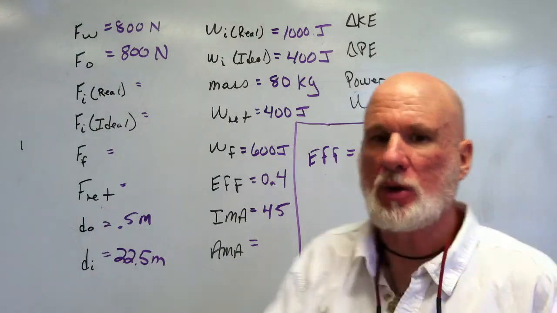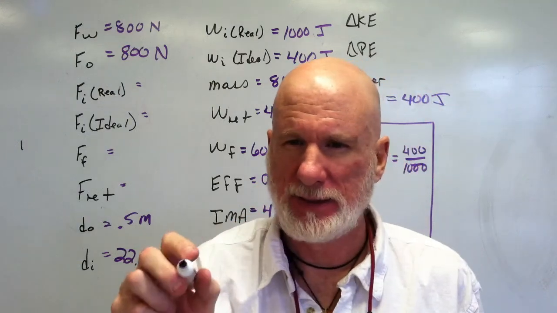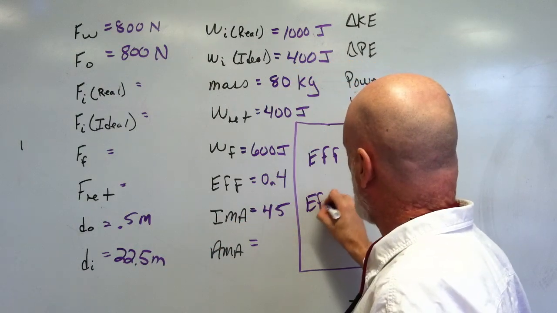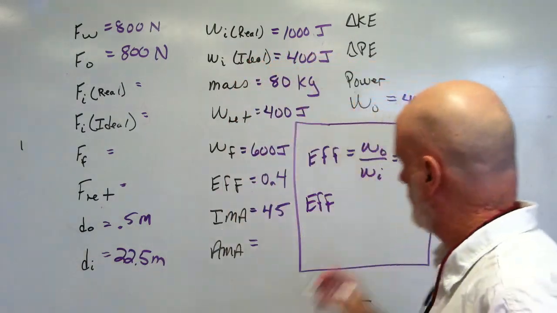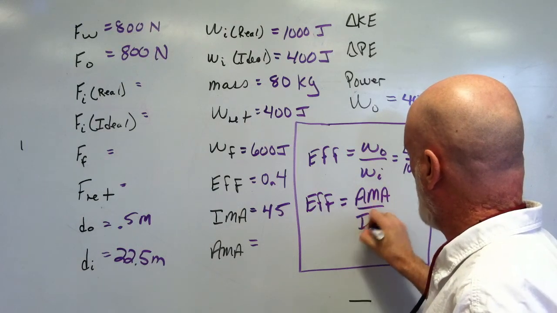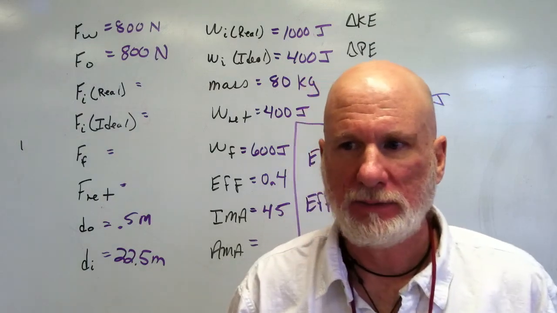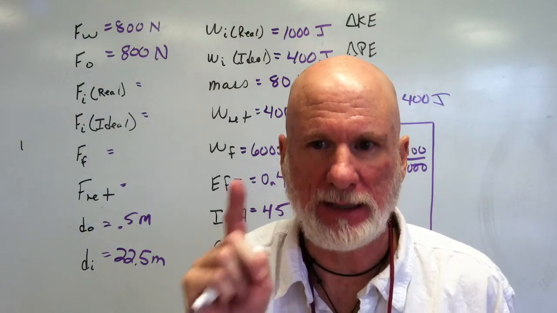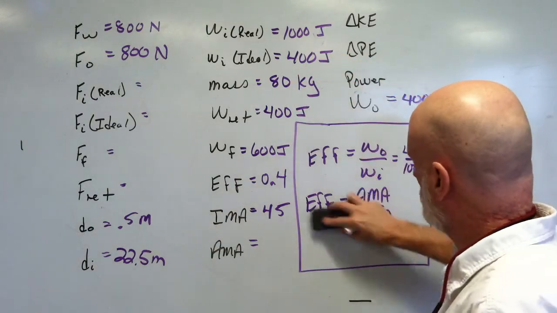All right, now what's another equation for the efficiency? AMA over IMA. I know you just said it, Tom, but we didn't have enough information to use it at that point, right? So AMA over IMA. Now, do we have two of those three? Yes. What do we have? IMA and efficiency, correct?